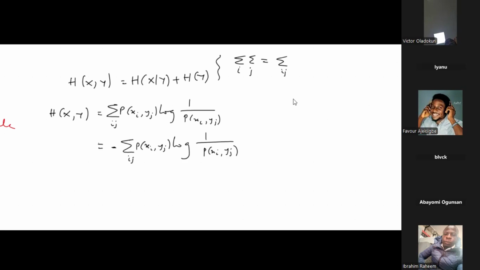Now I want you to recall the Bayes theorem, which you already know. Any comment?